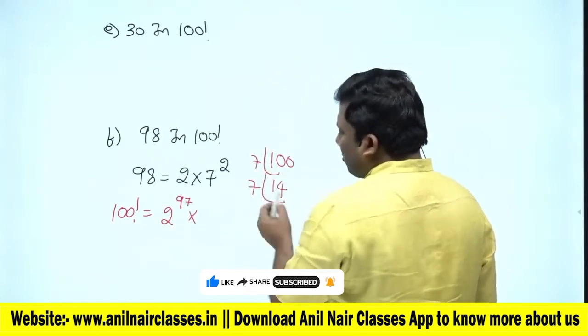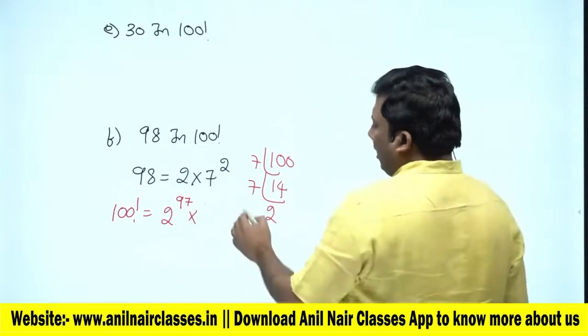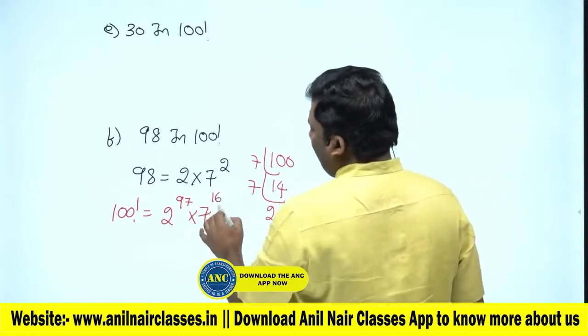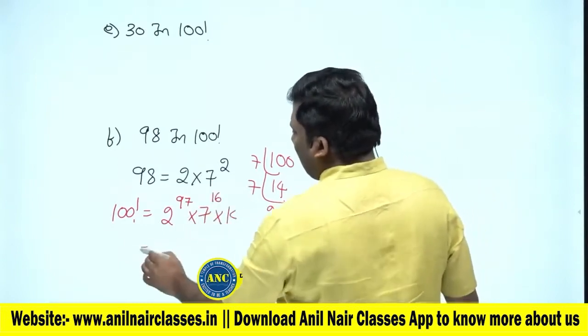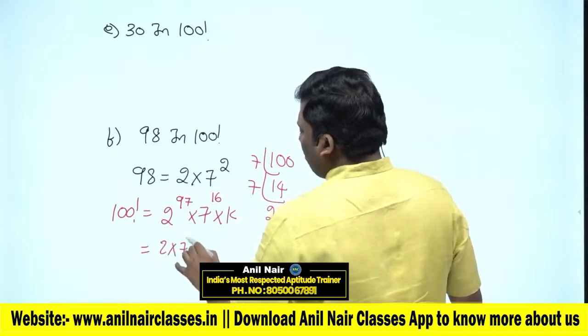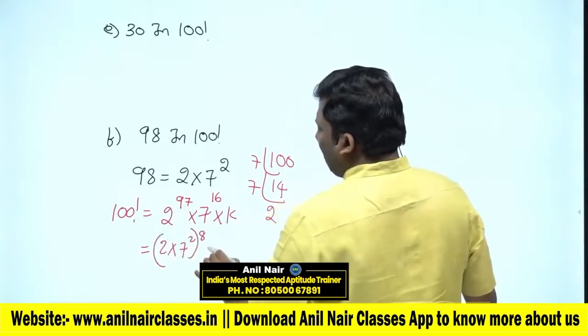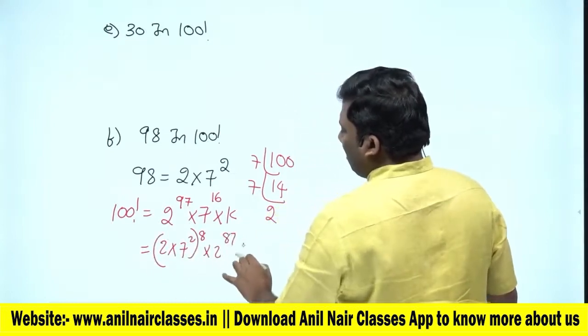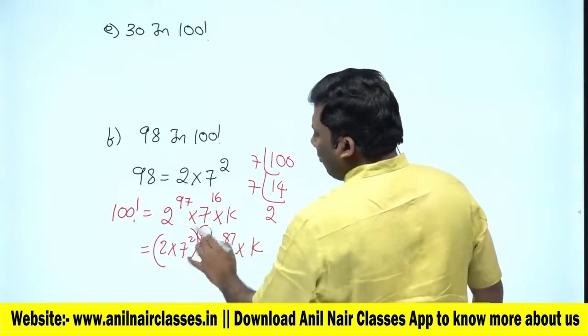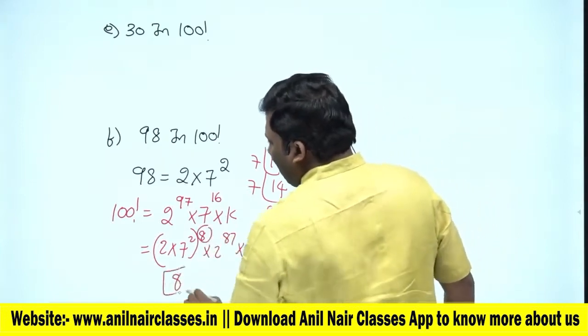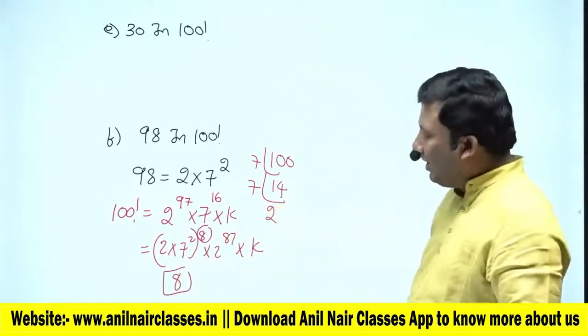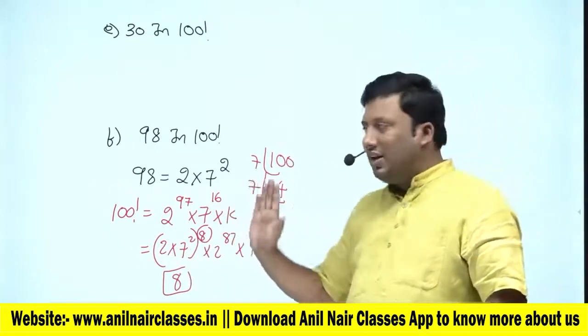How many multiples of 49 will be there? 2. 14 plus 2 is 16. So 7 power 16 into k. So this will be 2 into 7 square, power 8, into 2 power 87 into k. So what is the highest power of 98 in 100 factorial? The answer will be 8. Very, very easy question.